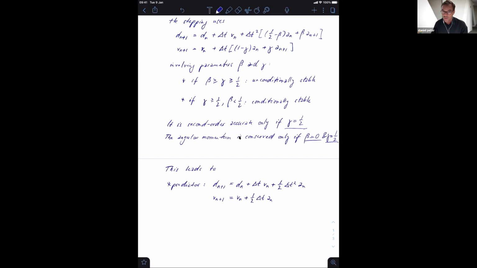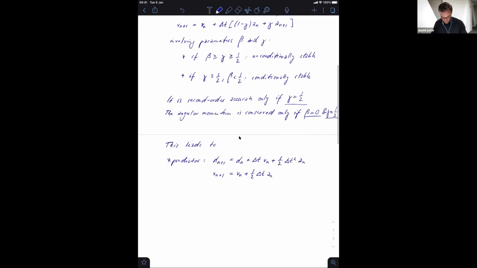And then if you look at the scheme above, we still are missing a term. We're still missing this term with 1/2 of acceleration at n+1. So that's the acceleration that we still have to solve for. So at the very beginning, in the predictor step, we set this acceleration field for n+1 to 0.